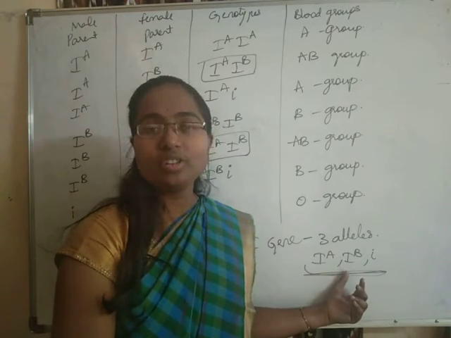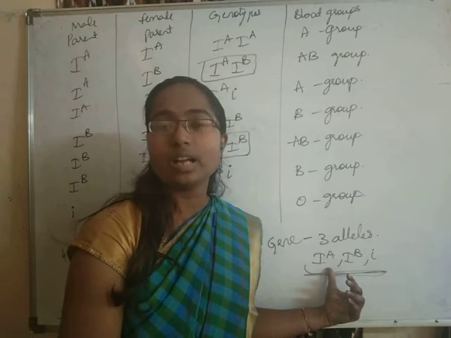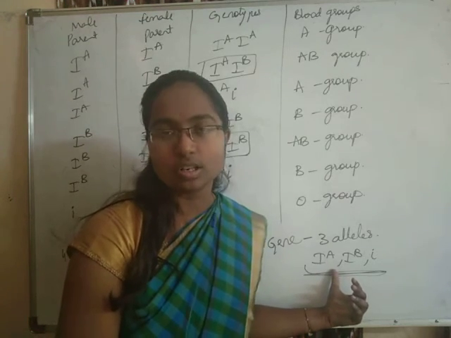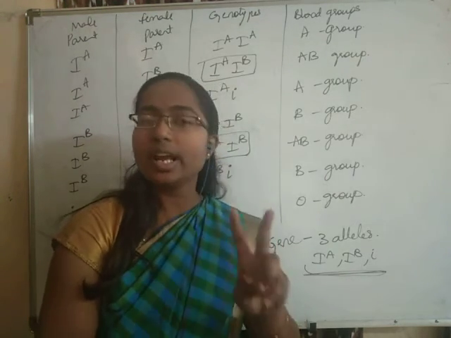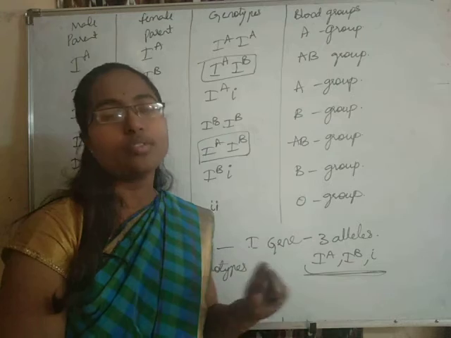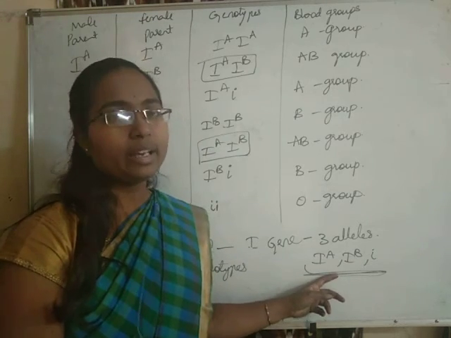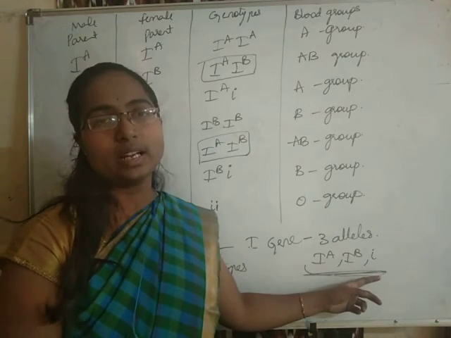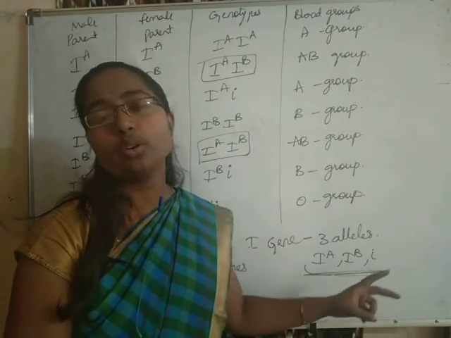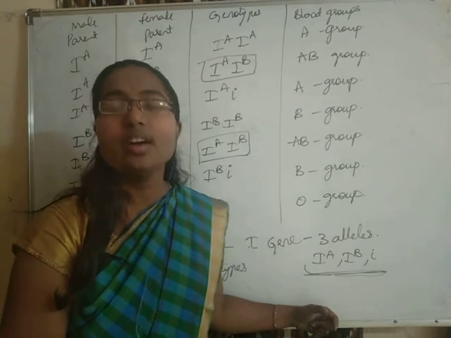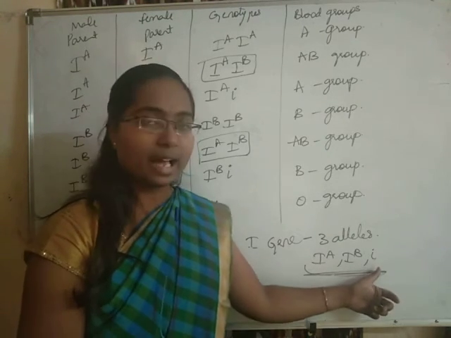So, because there are 3 alleles for this gene, these alleles cannot all be found in any individual. Any human being consists of any 2 of these 3 alleles.